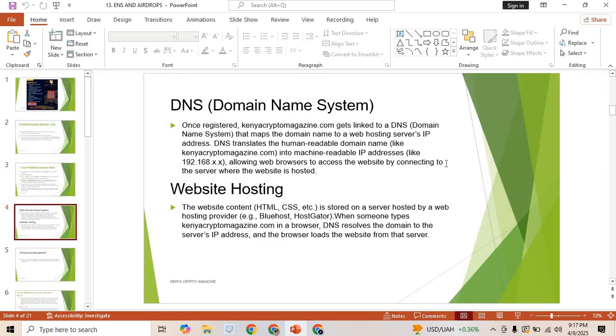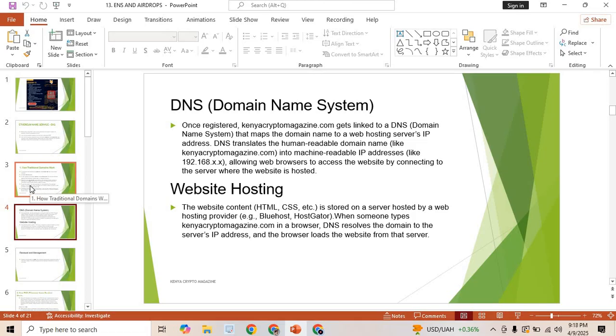Then number four, the next process is website hosting. The website content, HTML, is stored in a server, whatever. This is not important.